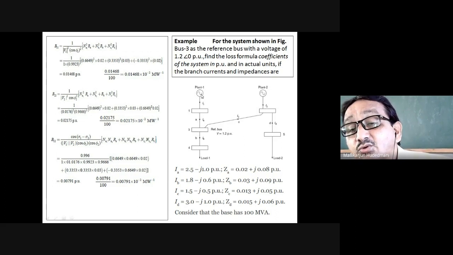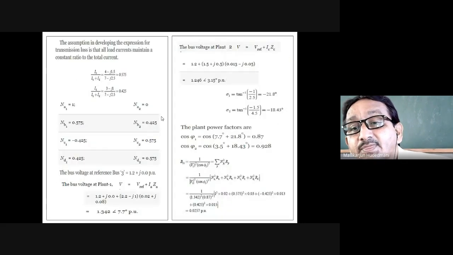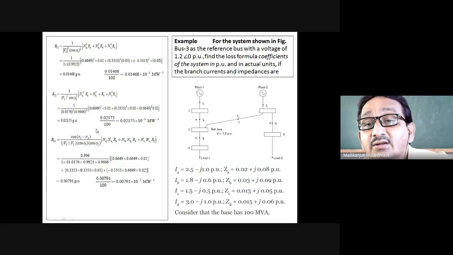When it was delivered by plant 1, absolutely all are involved. You can see all are involved here: A, B, C, D. Yes or no? Now, how is that A1? Whatever current is coming out here is 100% of the load current. I1 is nothing but load 1 plus load 2.